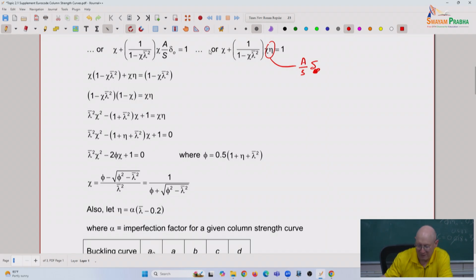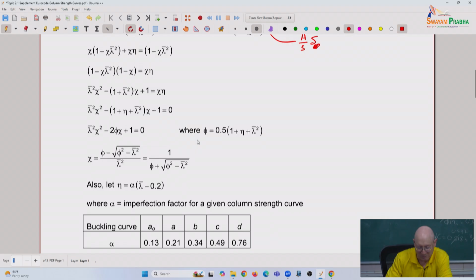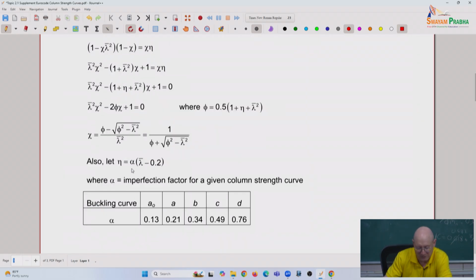Rather than write eta in that form, we want to use this to curve fit strengths for different cases where we have experimental results. So we're going to write eta instead as an imperfection factor times lambda bar minus 0.2.